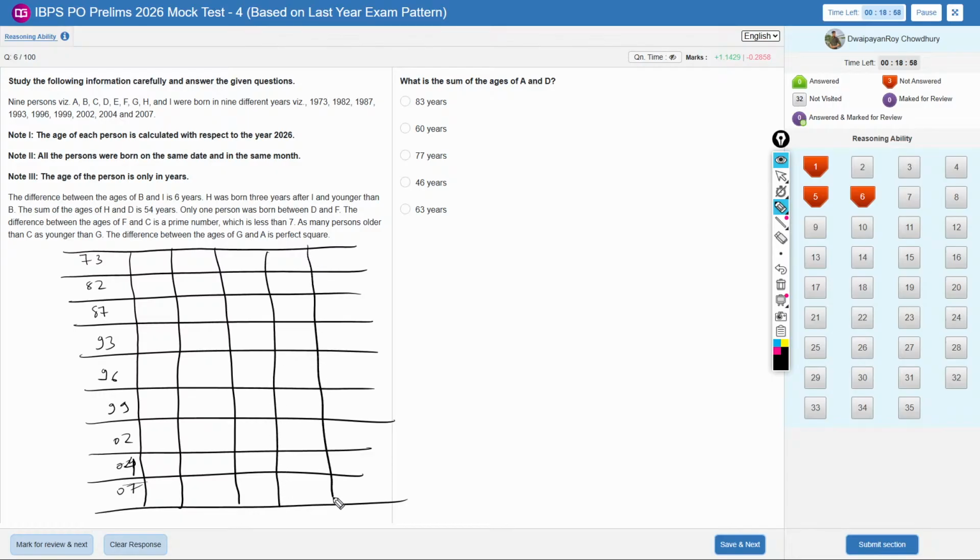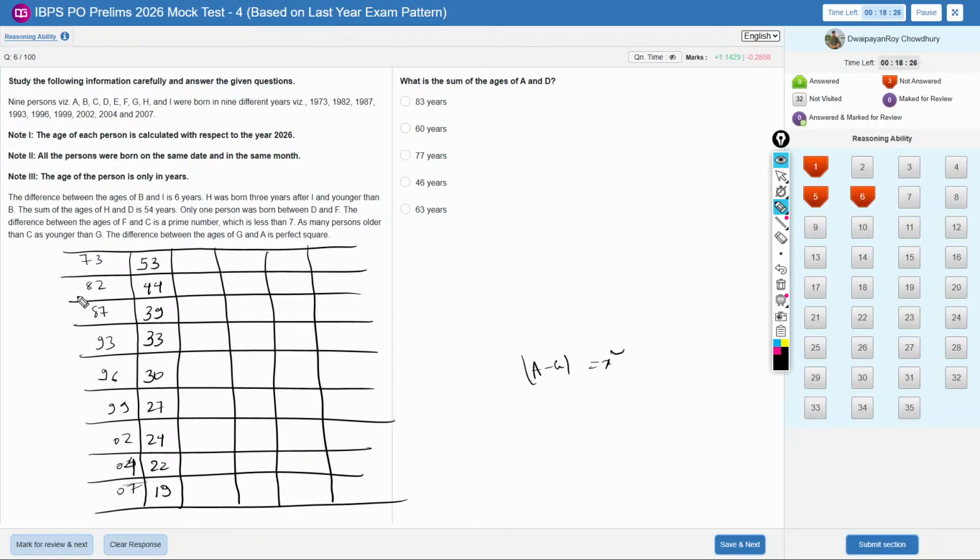The difference between A and G is a perfect square. So in 2026, the ages are 19, 33, 39, 43, 53, 64, and so on. Okay, the difference between B and I is 6 years.